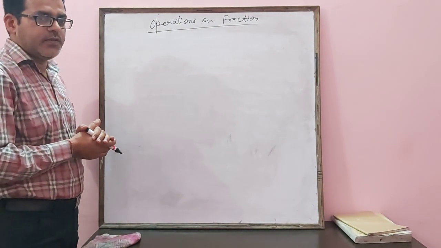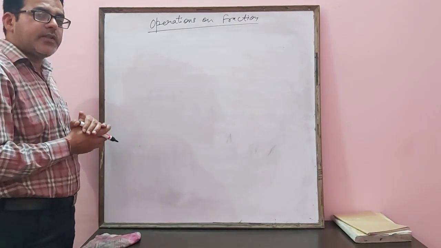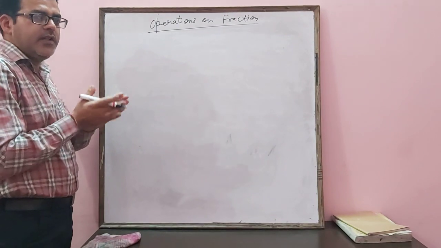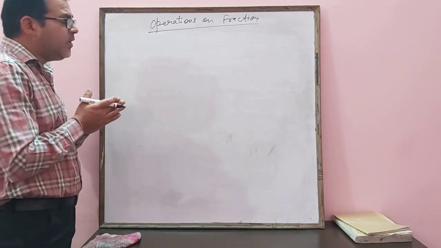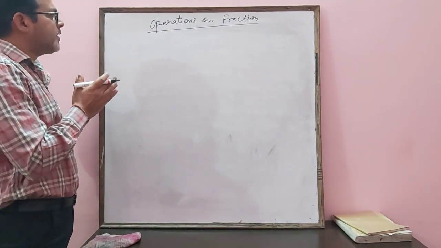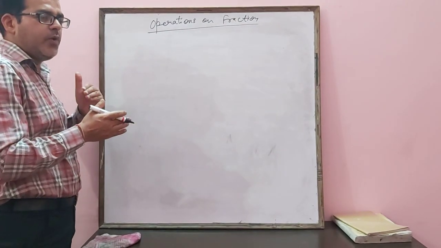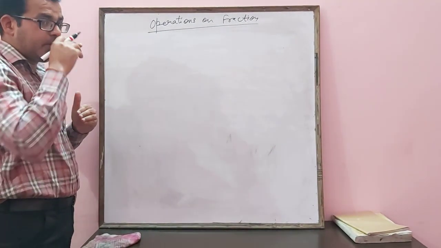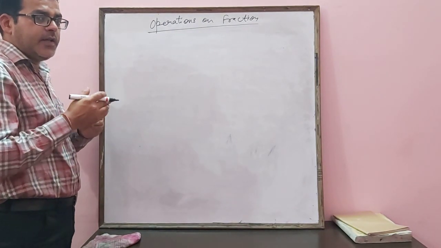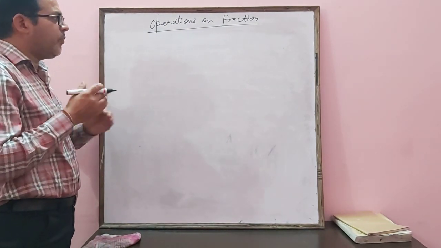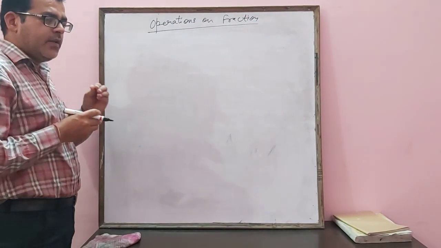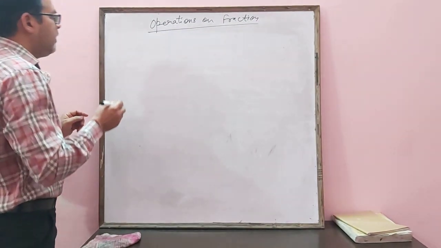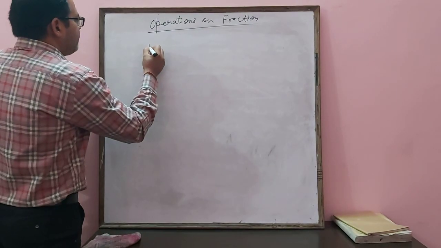In the previous lesson we also discussed how we can add and subtract fractions, right? So in today's lesson we will discuss some new concepts: how we can multiply more than 3 numbers together, how we can subtract them, how we can add them, all the operations, how we can perform them at a time, right?